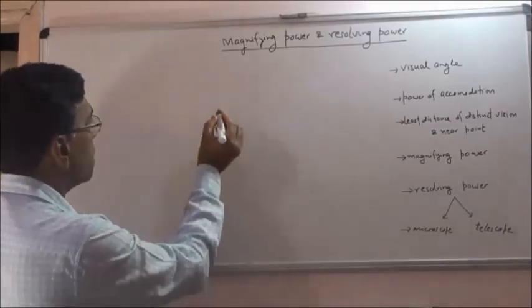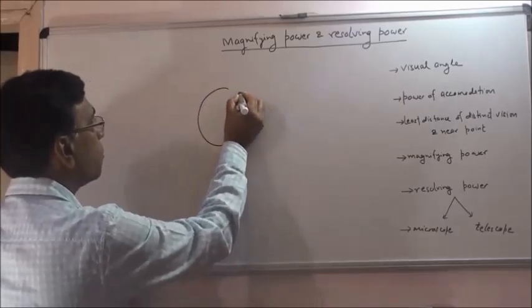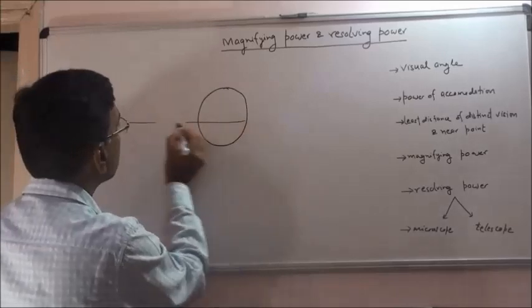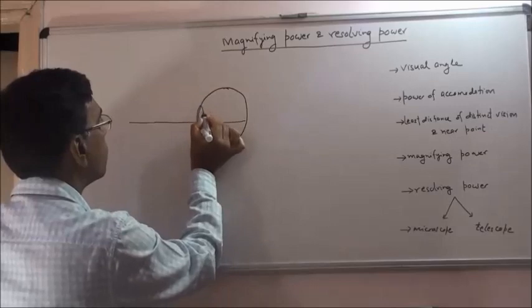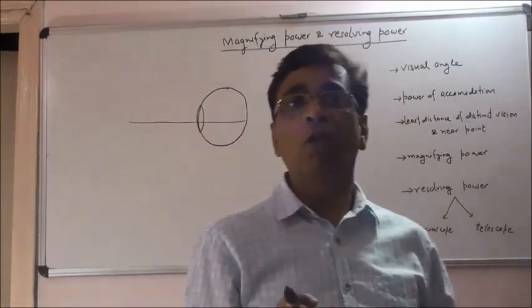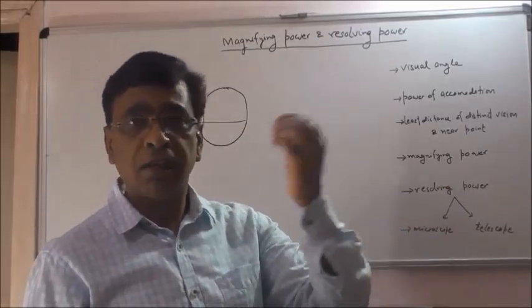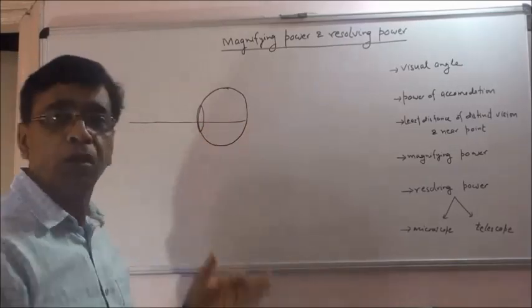Now let us first understand how do we see the objects. Light falls on the objects, it is reflected from the objects, then light rays reach our eye, and then image is formed on the retina.